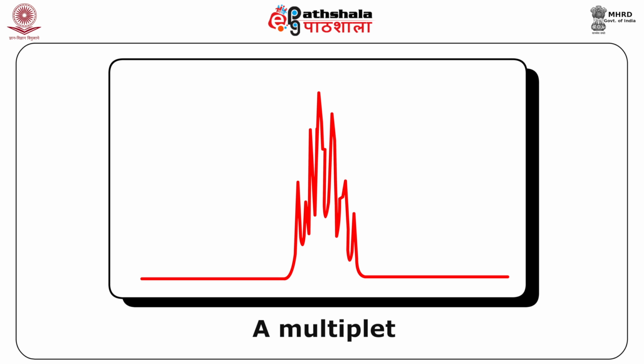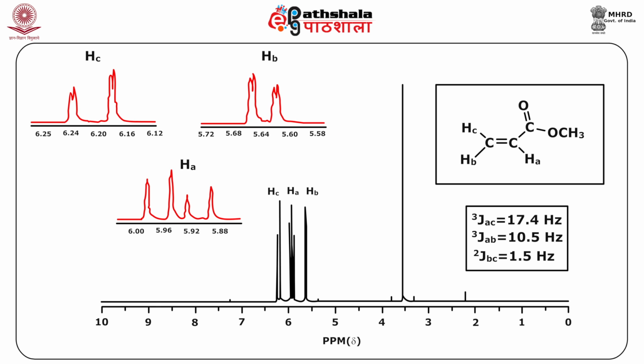Now students, in most cases the J values are not much different, and we will observe neither a clean quartet of triplets nor a clean triplet of quartets. Many of the peaks overlap, producing a multiplet, and it is difficult to extract the J values from this. Now similarly, the splitting pattern, which is of second order splitting, for the methyl acrylate can be explained.